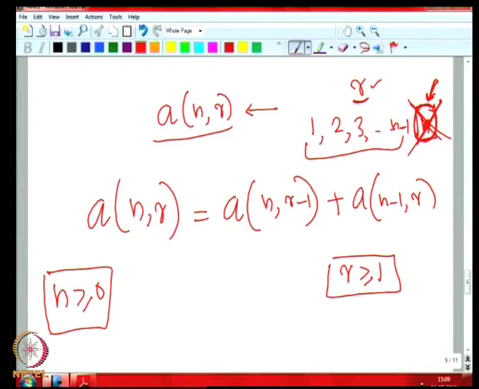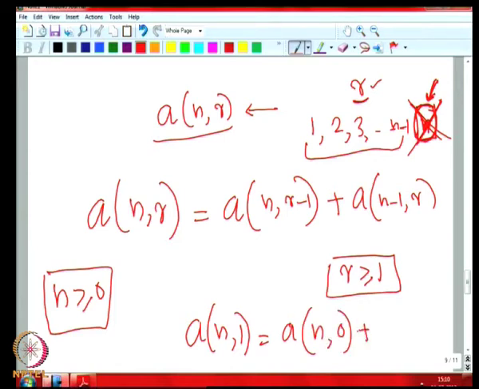If I decide to take that particular object, then we want to pick 0 objects from n objects, so we get A of n comma 0.